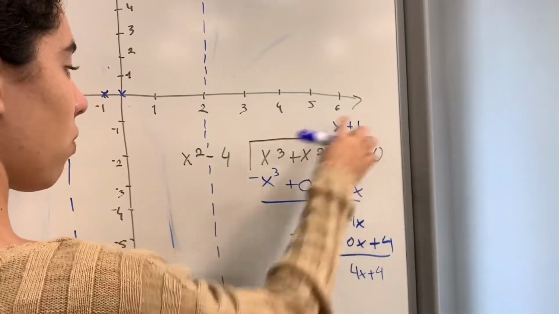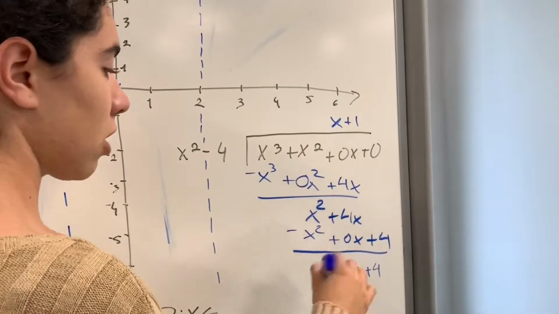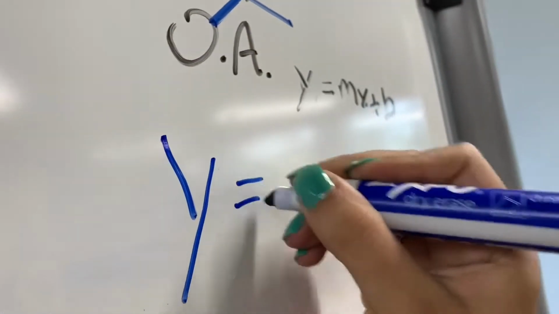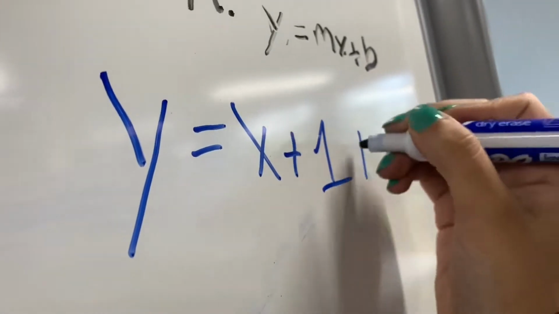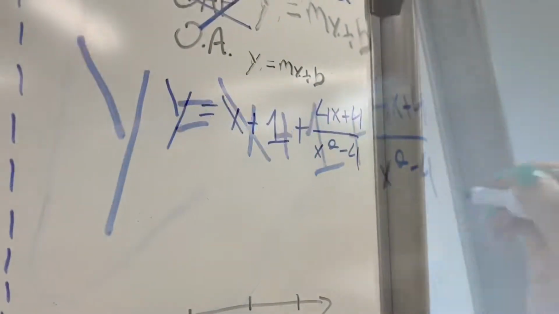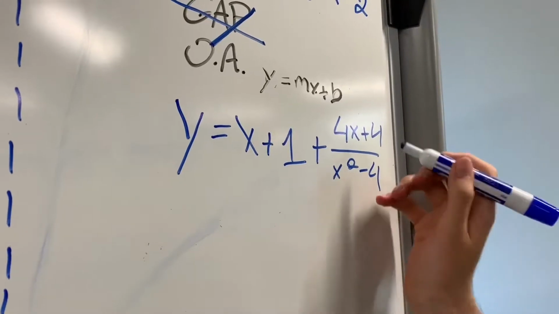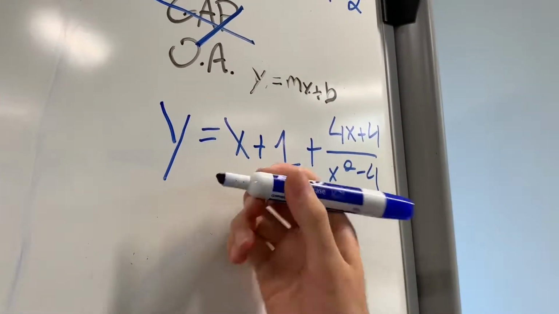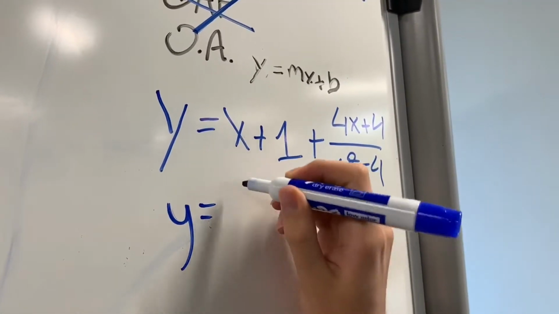Then we multiply by 1, that gives us this exact number, but we replace 0 here, and that gives us 4x plus 4. Now we have the result with the residual, and here we can see that it's a linear function because it's like y equals mx plus b.